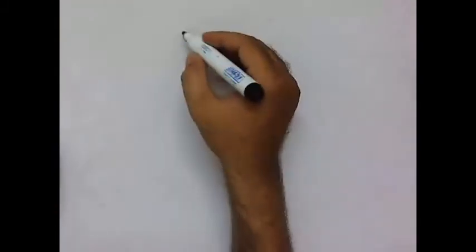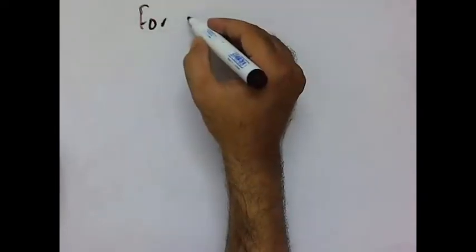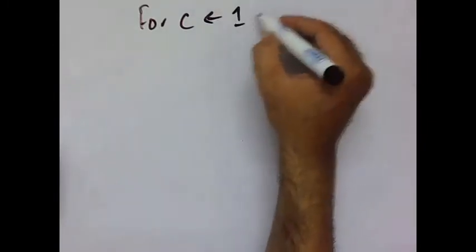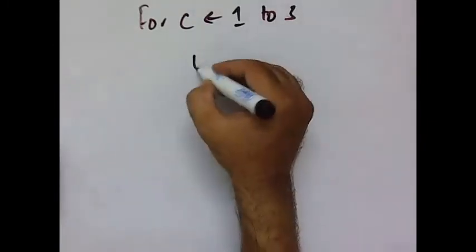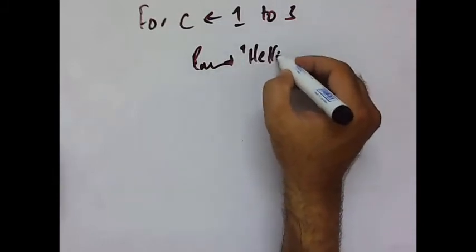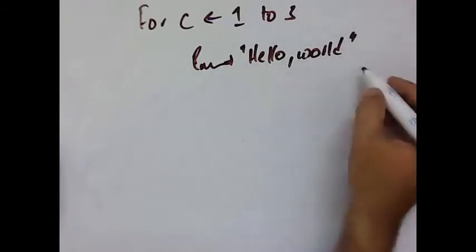So if I wanted to display hello world 3 times on screen using a loop, and specifically a for loop, I would have to type this in a language: for C, or for count, or for C equals 1 to 3, then whatever I want to repeat, I will have to type it once, print hello world, and then we have next C.